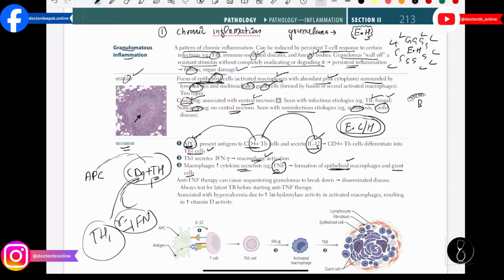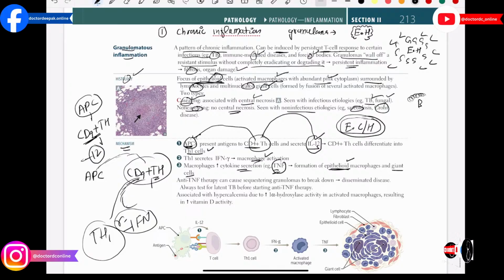So let's take a quick review again. First of all, you have to understand the first cells which are going to participate. These are antigen presenting cells. Antigen presenting cells will take the antigen and present it to the CD4 plus T helper cell. When they do, these CD4 plus T helper cells are going to secrete interleukin 12.